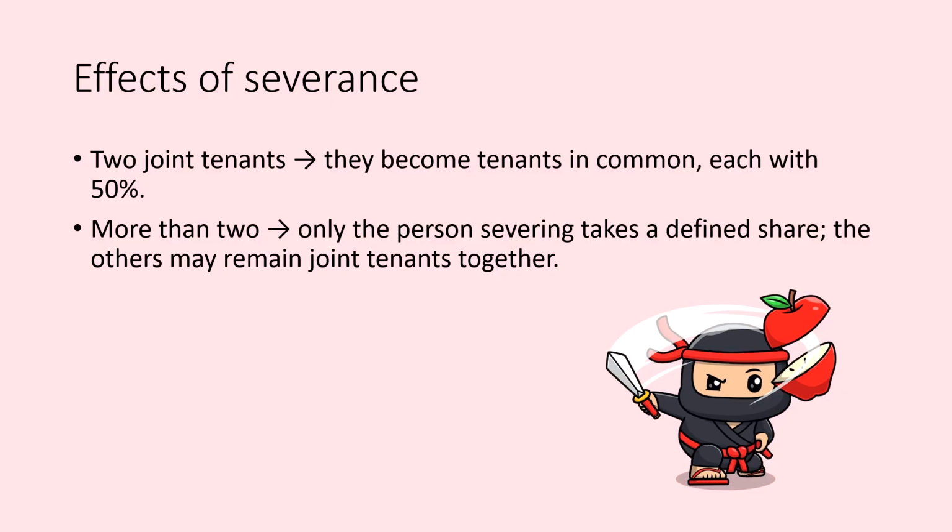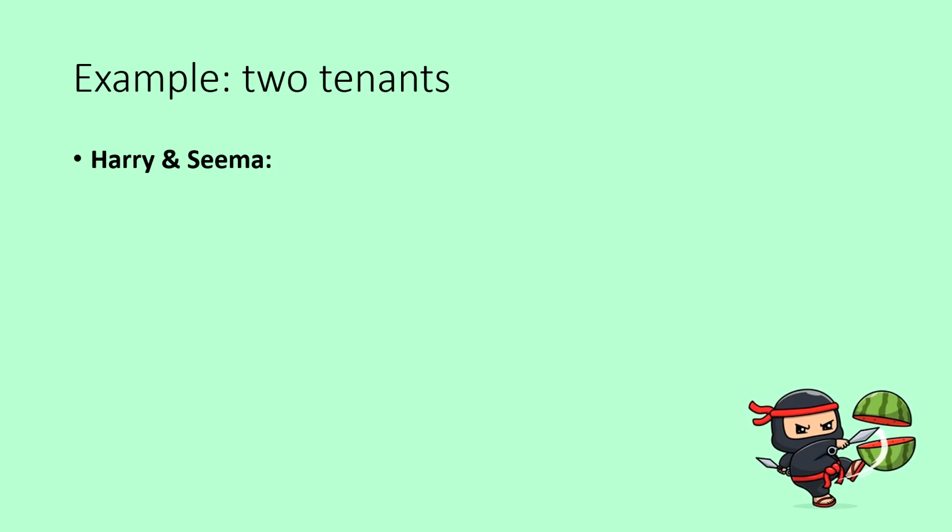Now, if you have more than two tenants, then only the person who does the severing gets to take their defined share and is now treated as a tenant in common. But all the other ones who didn't take part in all this still remain joint tenants together.